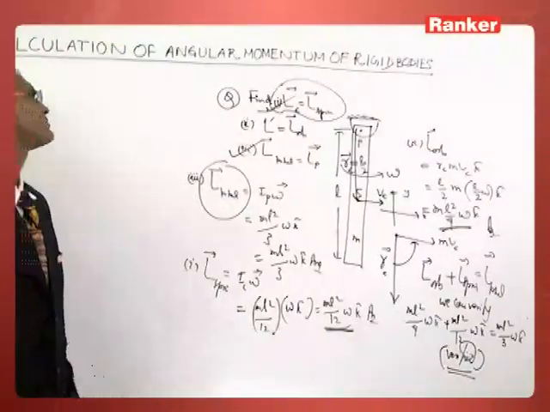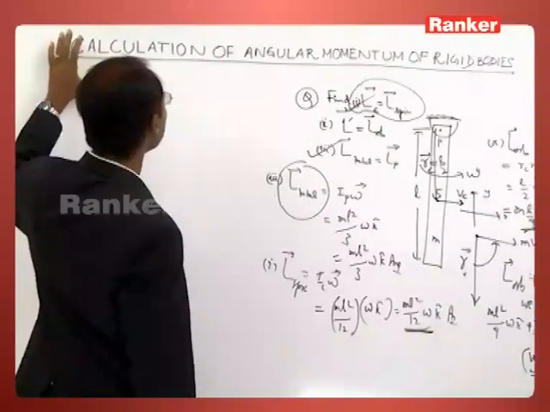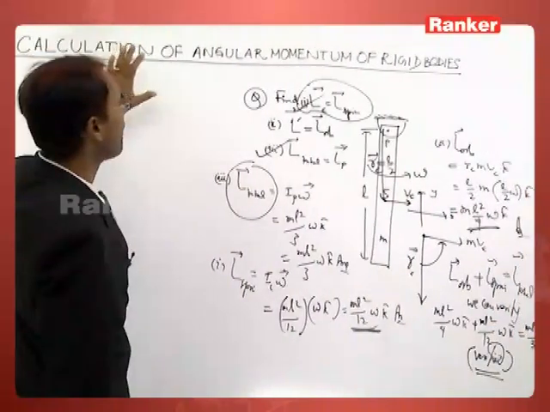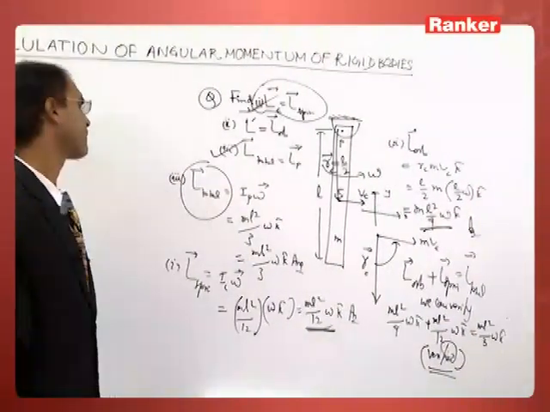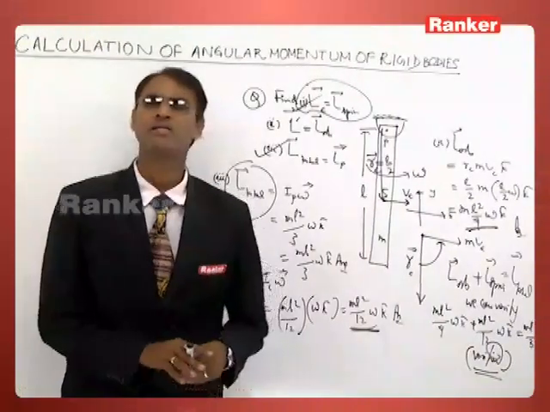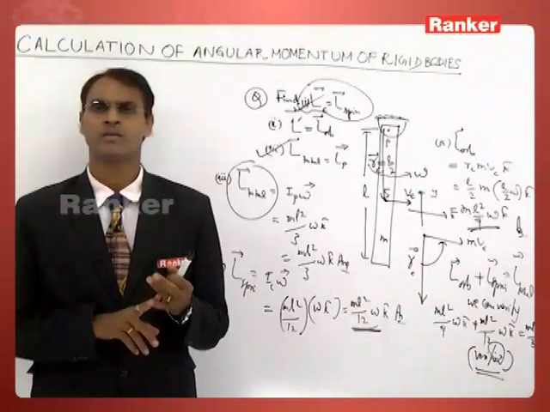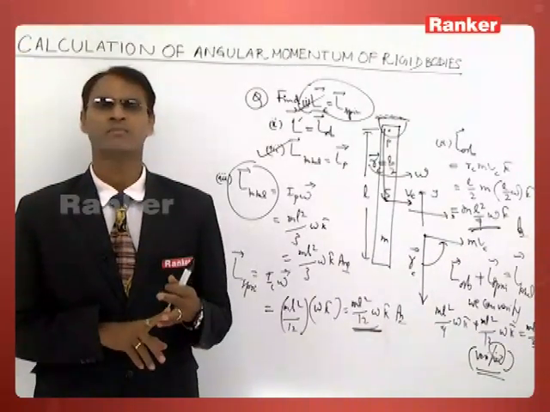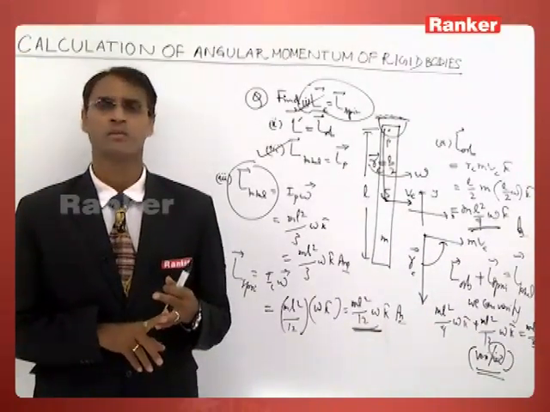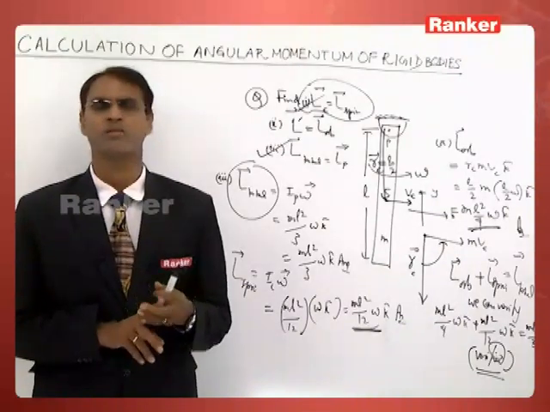In this way, we can calculate the angular momentum of rigid bodies. Next, we will discuss the cause of change of angular momentum, that is the torque or the angular impulse.